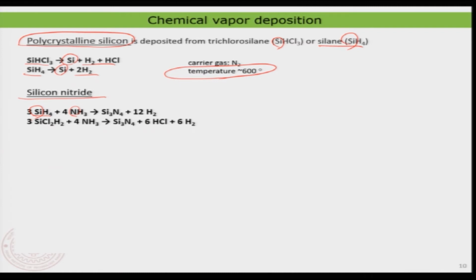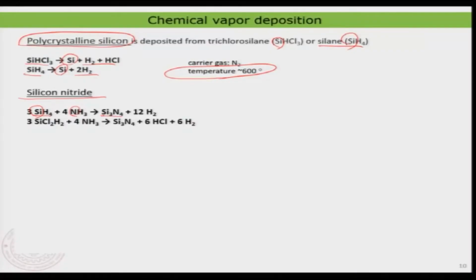So I want a precursor of silicon and a precursor of nitrogen. I use silane and ammonia, and this is carried by a carrier gas and deposited on a hot surface, and then you form the silicon nitride, and hydrogen molecules are evaporated or removed, carried away by the carrier gas itself.